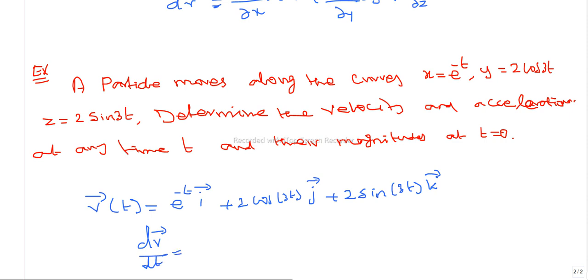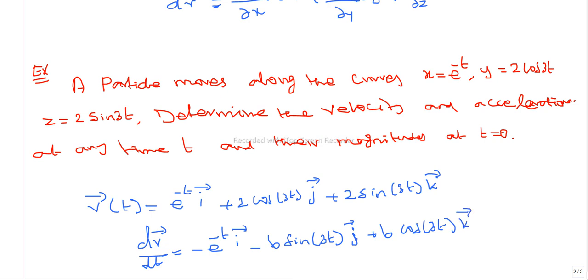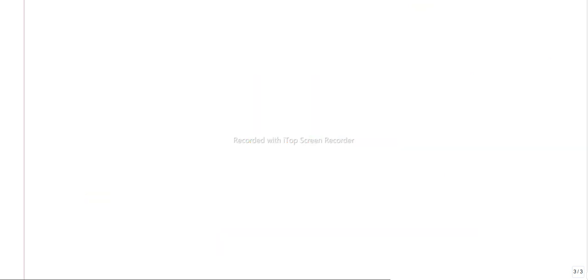The derivative of e power minus t with respect to t is minus e power minus t into i vector, plus the derivative of 2 cos 3t, which is minus 6 sin 3t into j vector, and plus the derivative of 2 sin 3t, which is 6 cos 3t into k vector. So this is the velocity at any time t.